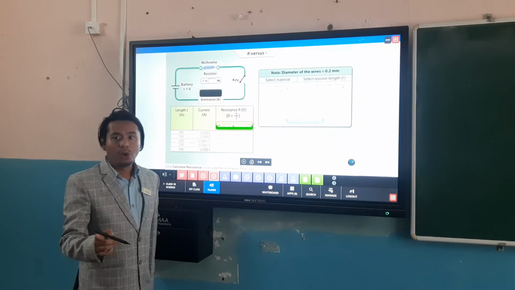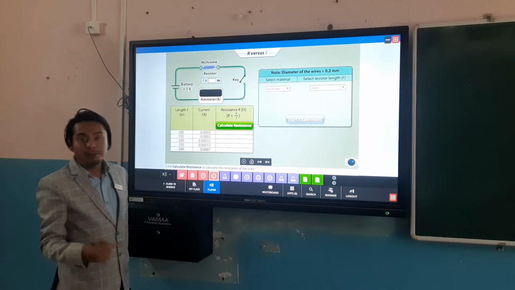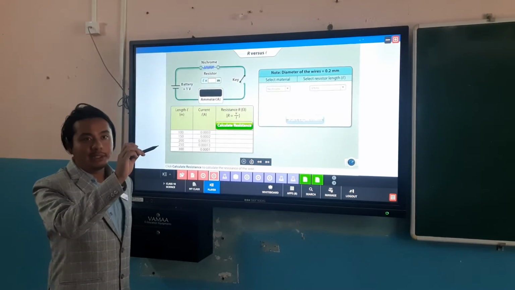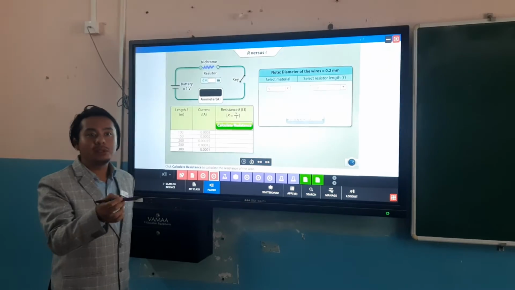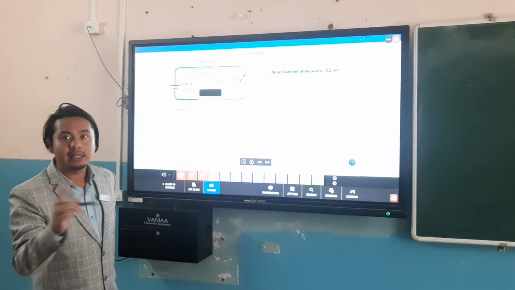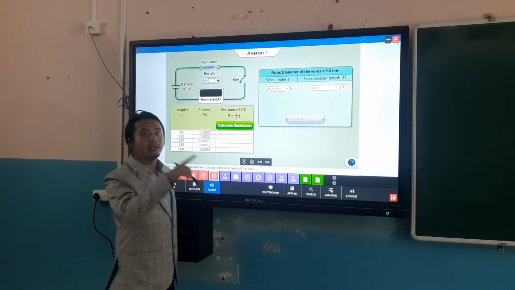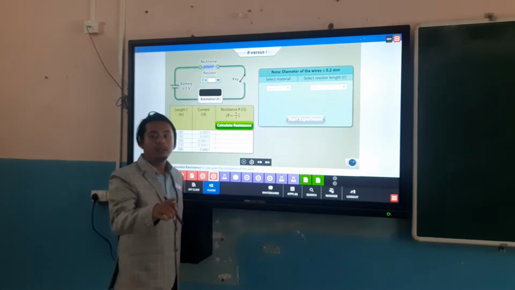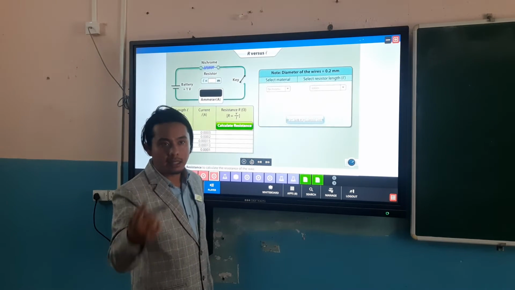And we know resistance is voltage divided by current. So if the voltage is kept constant and the current is constantly decreasing, will the resistance increase or decrease? Increase. So every time you increase the length of a wire, the resistance in turn will keep on increasing.